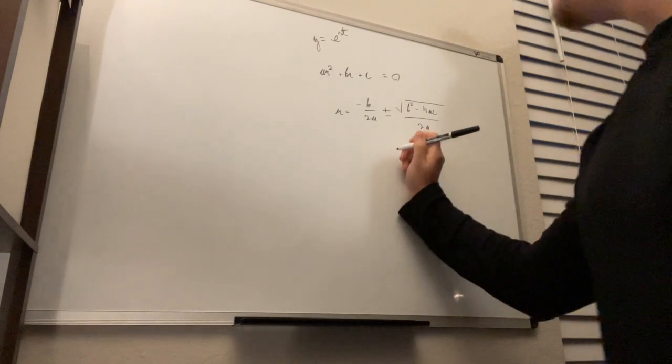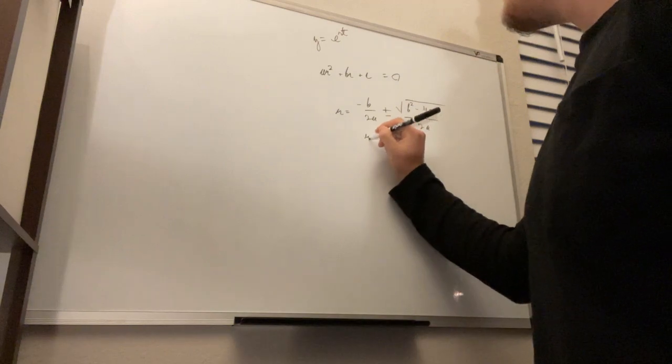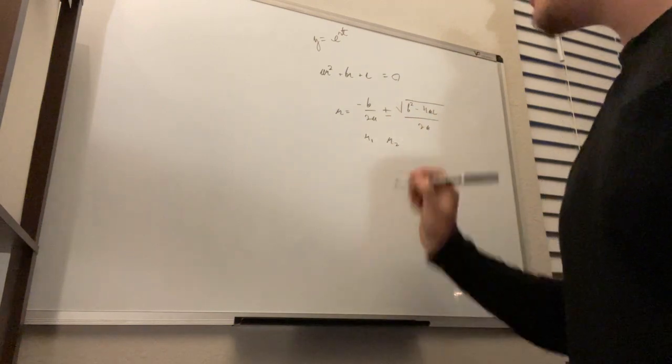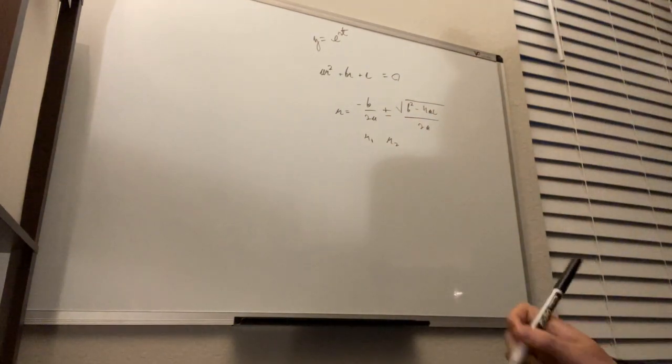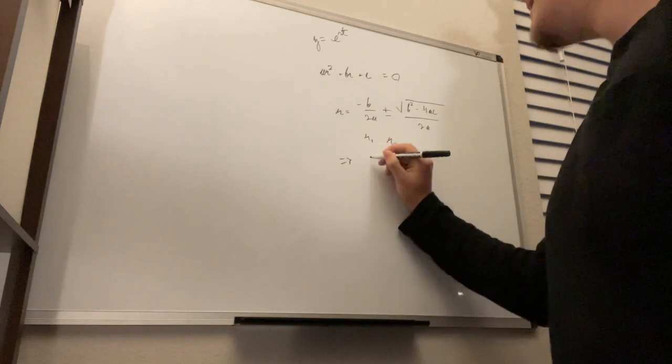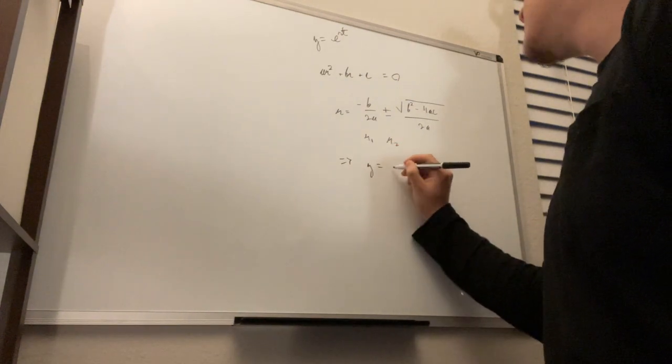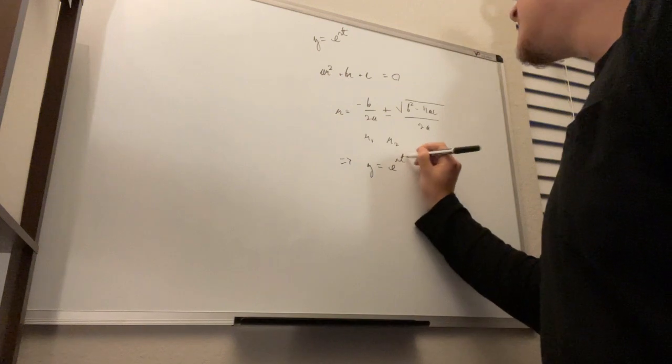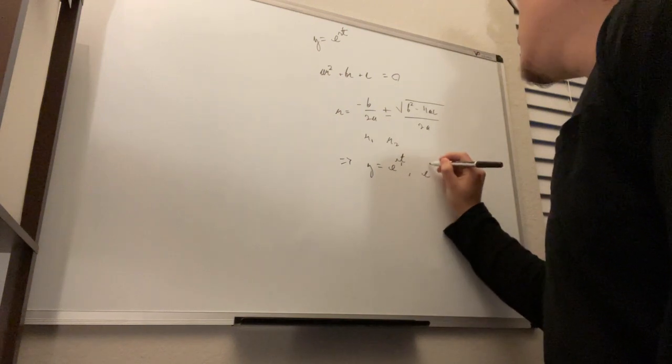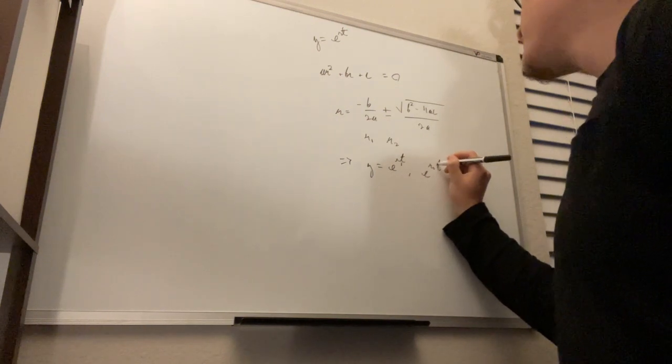Suppose r1 and r2 are solutions of this. Then y equals e to the r1t or e to the r2t.